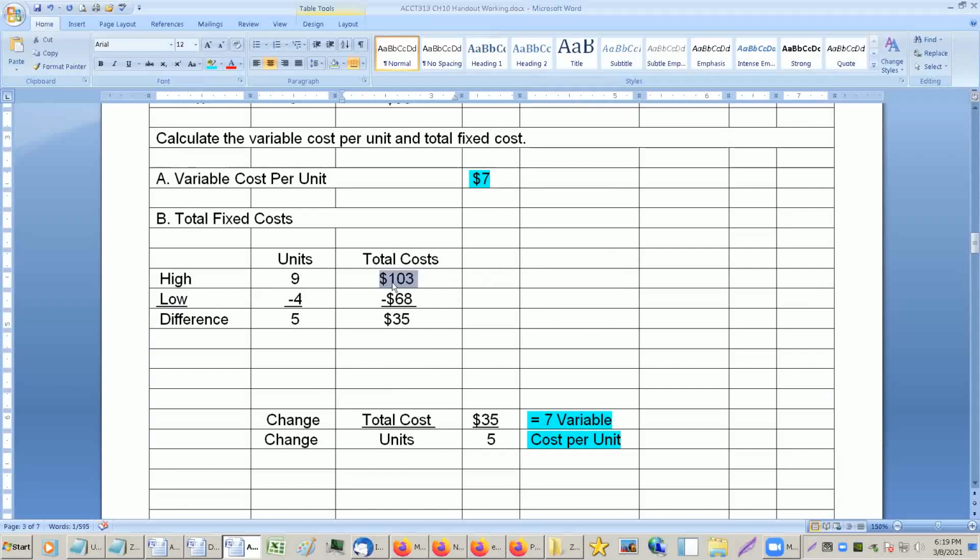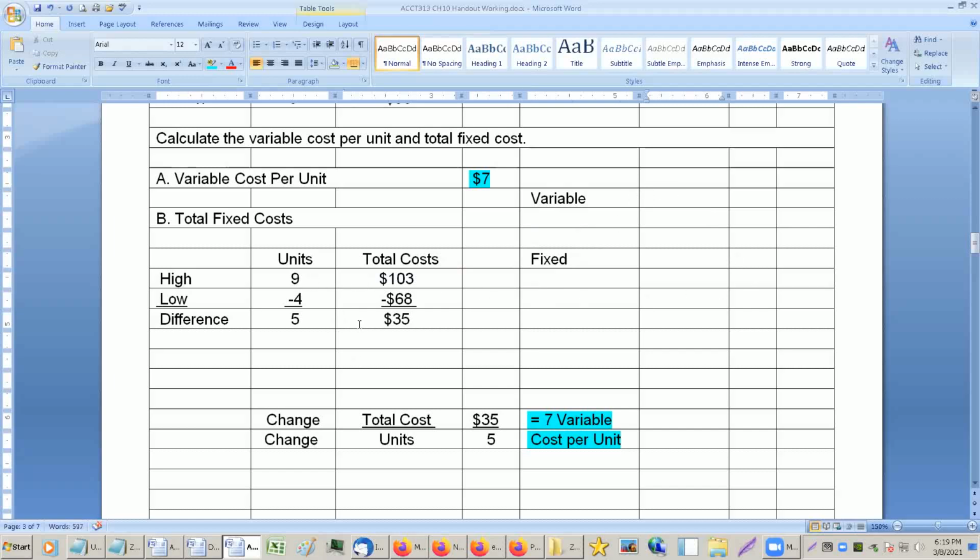Some of this high amount is variable and some of it's fixed. Okay, so the variable cost.